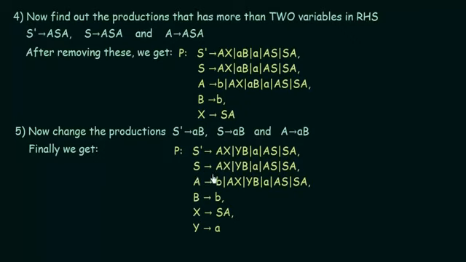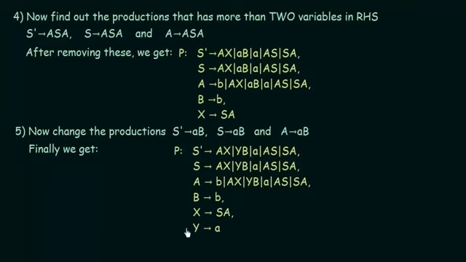And even in S we do the same thing, aB is replaced by YB, and even in A the same thing happens, aB is replaced by YB, and then B gives b and X gives SA remain the same. We have to add a new production, Y gives a, because we have used Y here. And why did we use Y? Because we were replacing the small a's with the Y. So Y gives a is a new production that we have to add.